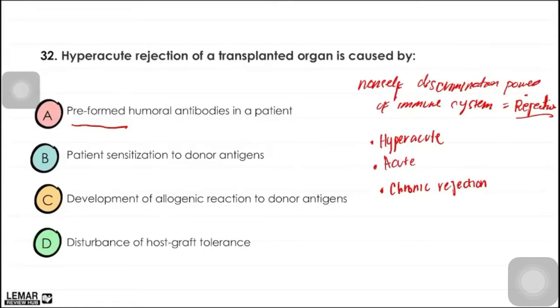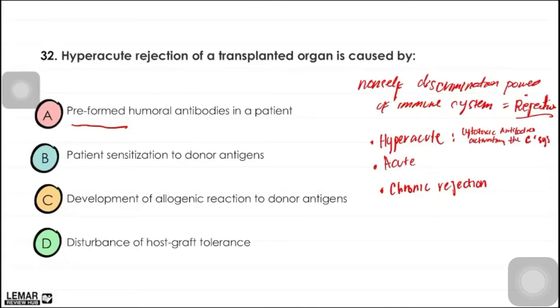The mechanism of hyperacute rejection is that the cytotoxic antibodies activate the complement system.